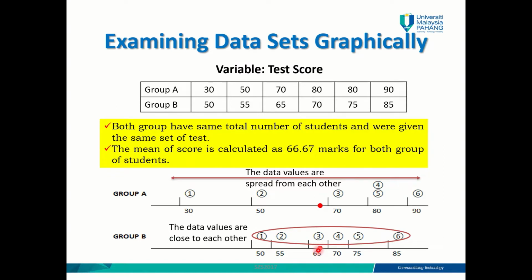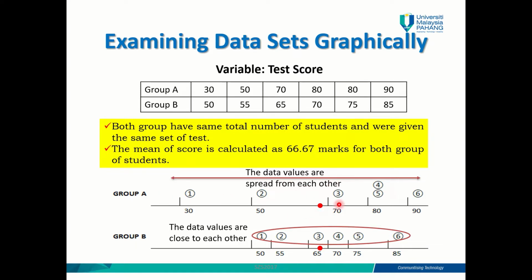So you can see that the data values in group B are more consistent compared to group A, which tells us that the students in group B, their performance is more consistent compared to group A. So in that sense, we can say that group B has better performance compared to group A.